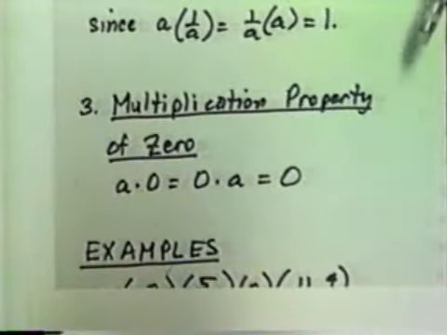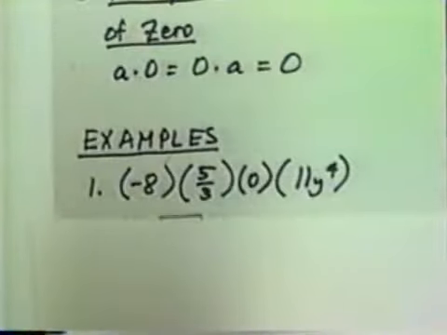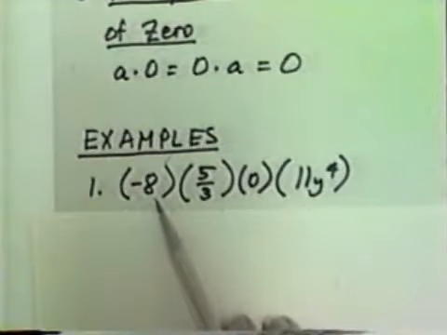Our first example is -8 times 5/3 times 0 times 11y to the 4th power. What answer do we get when we multiply all of this? In multiplication, we multiply straight through from left to right.